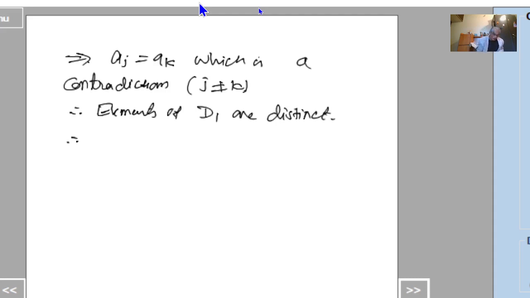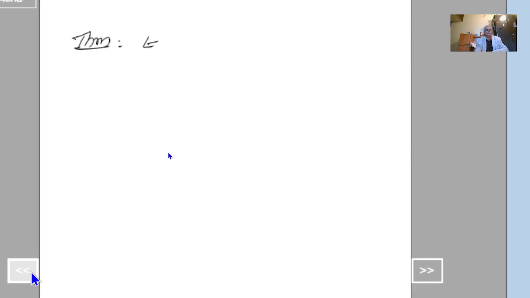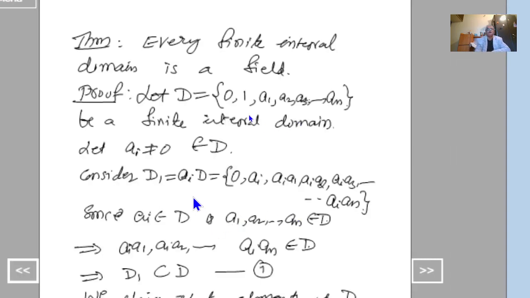So therefore, what is the number of elements in D1? So this is our D1 here. See here 0 and this is AI. Two elements are here, and here totally we have n elements. N plus 1 plus 1, n plus 2 elements are here. And D also consists of n plus 2 elements.